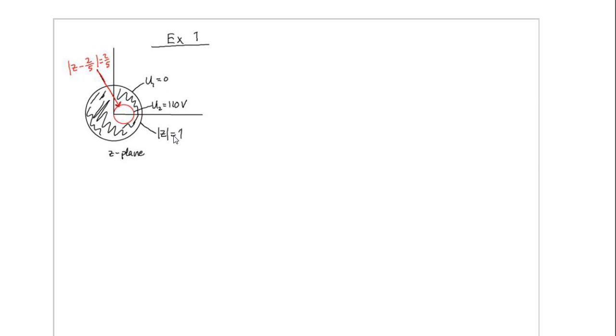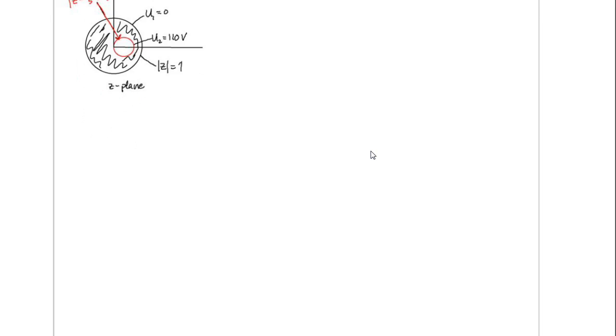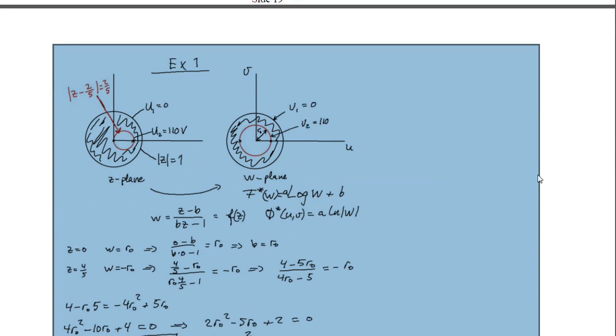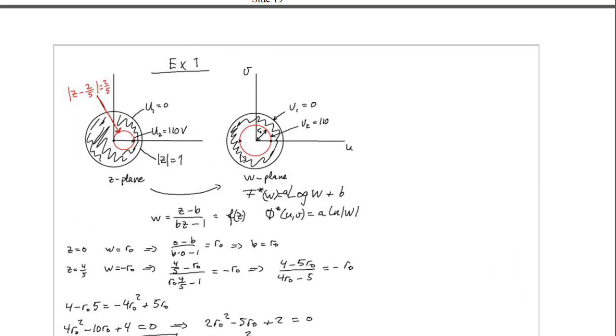So, we are now going to find another domain where it's easier to calculate the solution of our problem. This is done by a conformal mapping, and we know that there exists a Möbius transform.